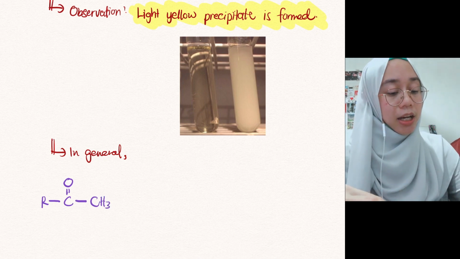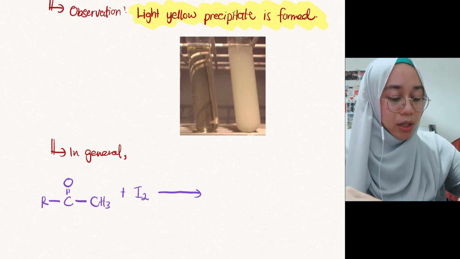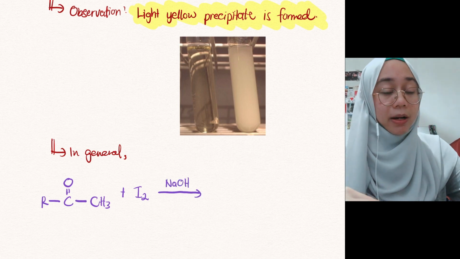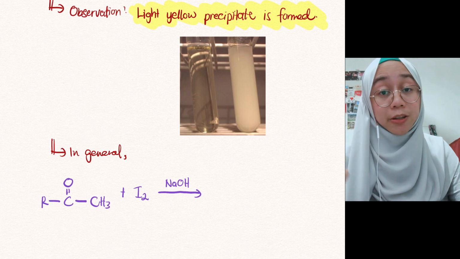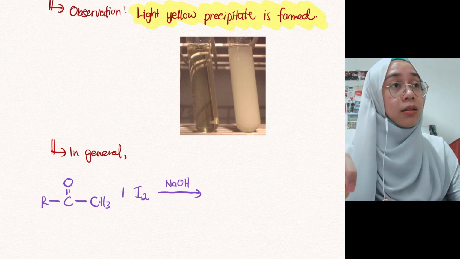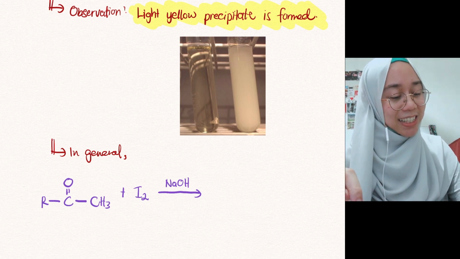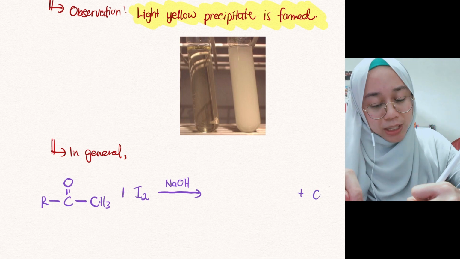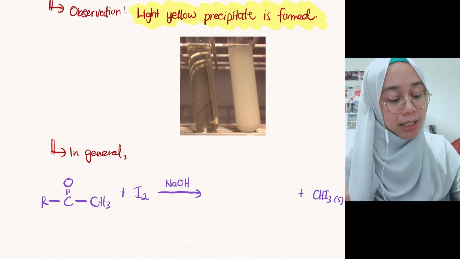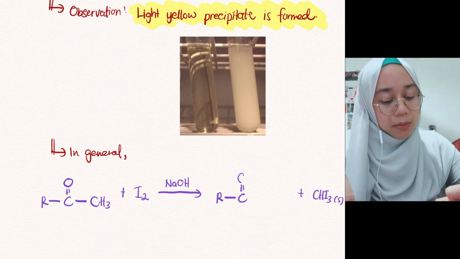Bila kita reactkan dengan iodine and then let's say Miss guna NaOH dekat sini, apa berlaku kelas? Bahagian methyl tu keluar menghasilkan CHI3. So Miss tulislah siap-siap CHI3 kat sini. So that is our solid precipitate kat situ. Apa yang berlaku dengan yang lain? Yang lain pula kita salin balik je RC double bond O.